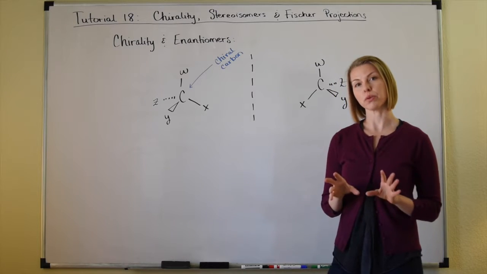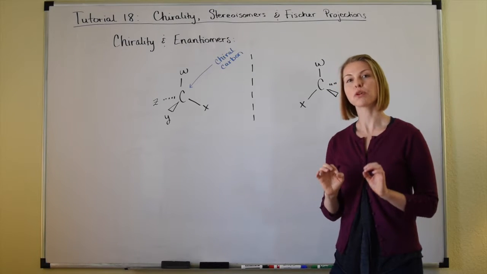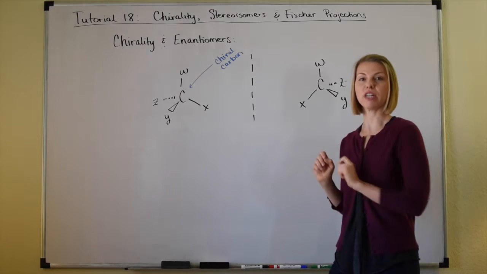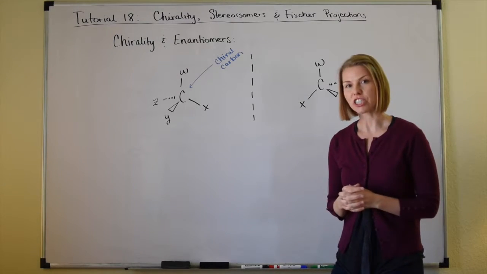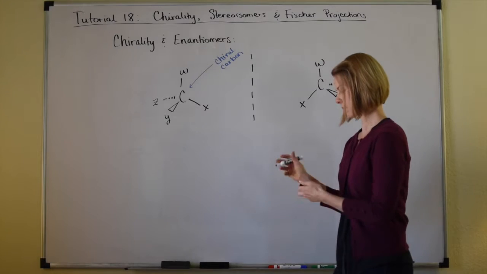Chiral molecules that are non-superimposable mirror images of one another are called enantiomers. I'm going to write that down.